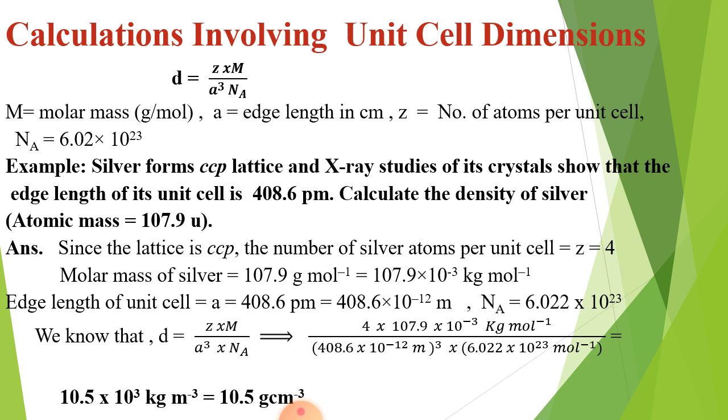M is the molar mass or atomic mass in gram per mole. a is the edge length in centimeter, or maybe picometer, or meter. Z is the number of atoms per unit cell. For SCC, Z equal to 1, for BCC, Z equal to 2, and for FCC, Z equal to 4. Na is known as the Avogadro number and the value is 6.02 into 10 to the power 23.